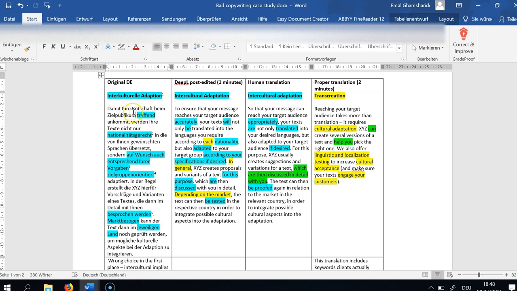The first term I would like to talk about is treffend. You see it right here, and the other two translations translated this term as accurately, appropriately, and in the fourth one, I just dropped it. Because when you look at translation theory, there is a term for it. It's called adequacy, functional adequacy.